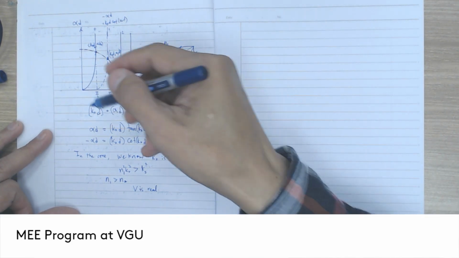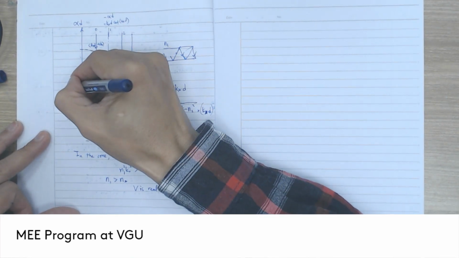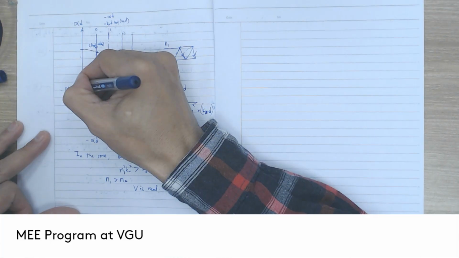Another point is the crossing. The crossing represents where alpha becomes 0.